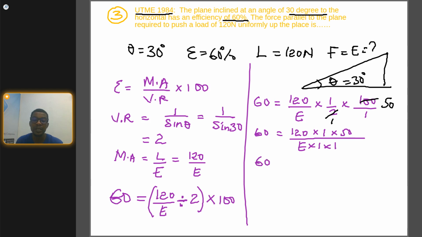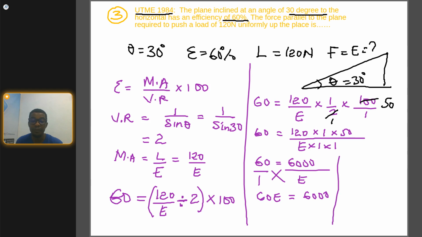That is, 60 equals 120 multiplied by 50, which will give us 6,000 divided by E. If this 60 is expressed as over 1, by cross multiplication, we have 60E equals 6,000.